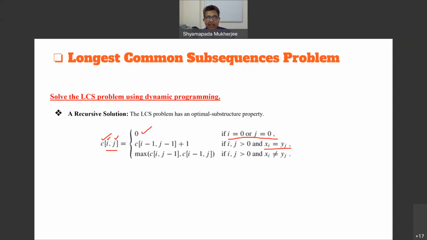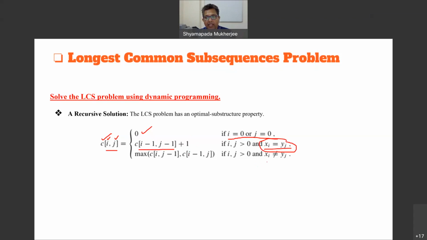That means we take the length achieved for the one-step smaller subproblem, which is already stored in the table at C[i-1][j-1]. If there is a match between the two elements, the length of the longest common subsequence increases by 1.